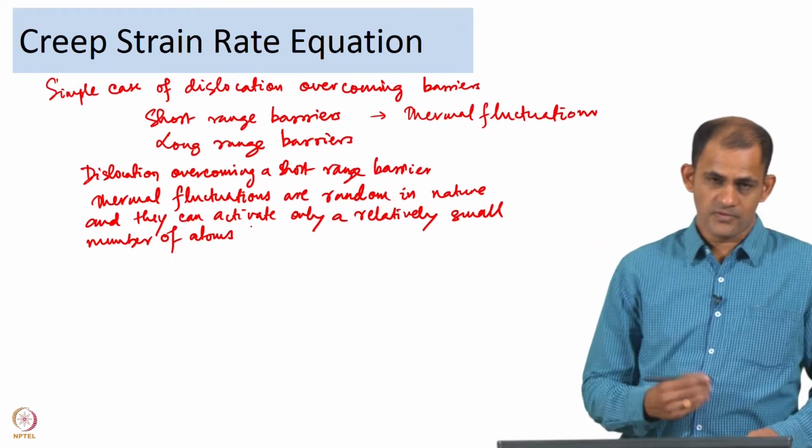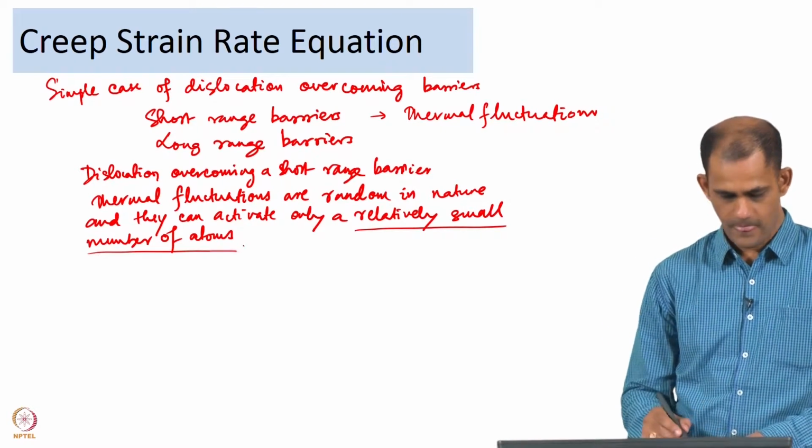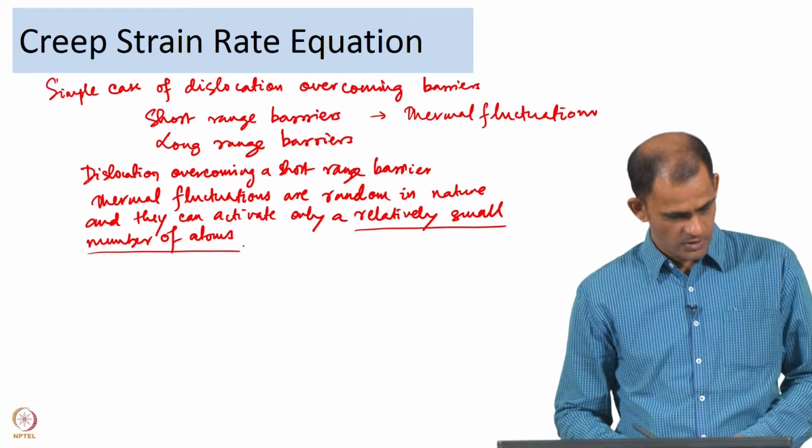So, thermal fluctuations can activate only a relatively small number of atoms and the distances are small.